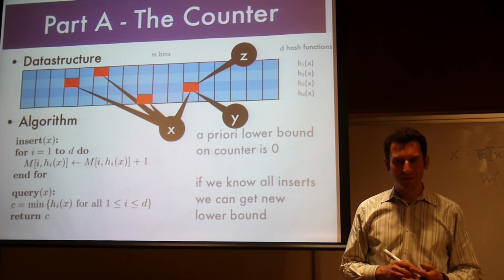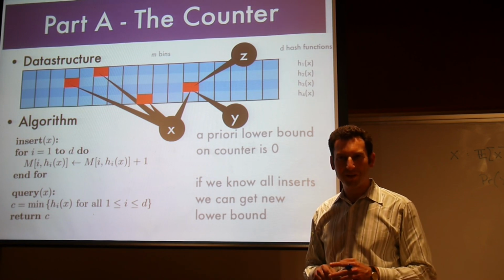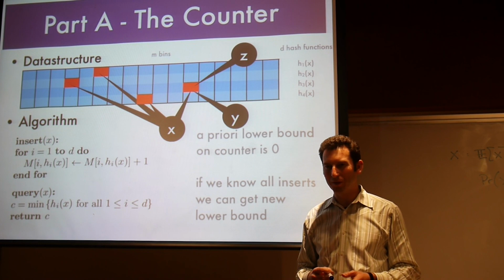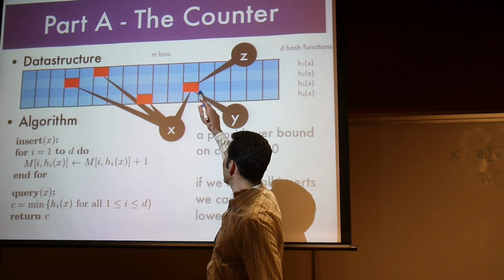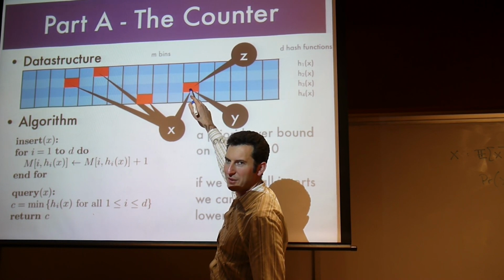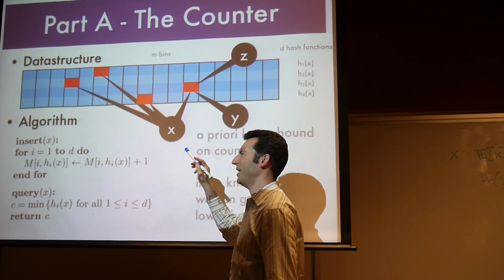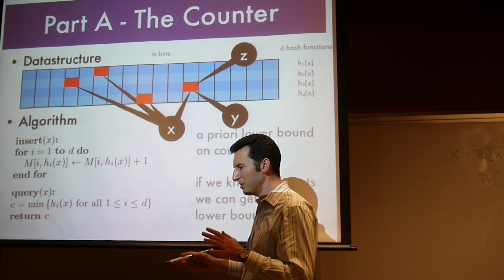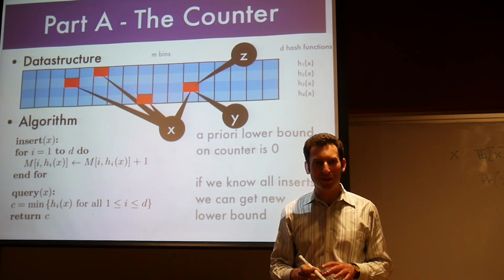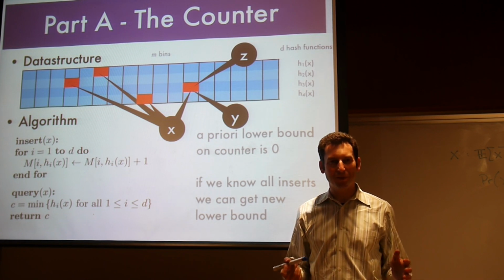So think of our count min sketch. What really happened is that we had all those inserts, and we're going to get some collisions on that bin. And I'm going to put myself into the not quite unrealistic, but not always applicable scenario where I actually know the identities of the items that I would have inserted.